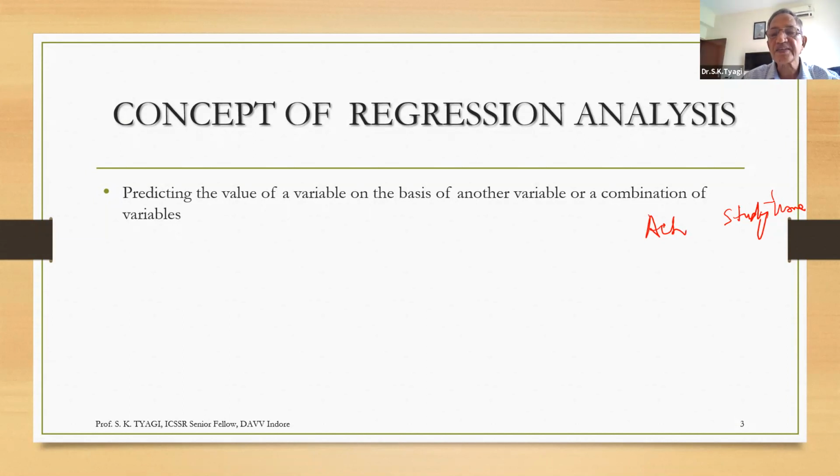So the regression situation involves predicting something on the basis of something or a combination of things. For example, study time alone may not be sufficient to predict the achievement. We may need another variable, say, intelligence.